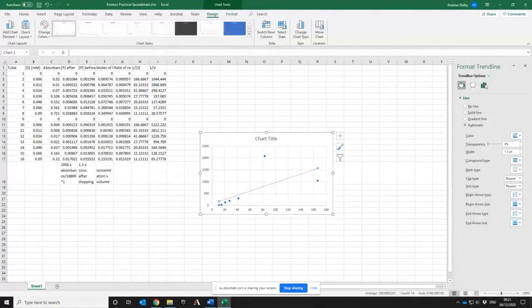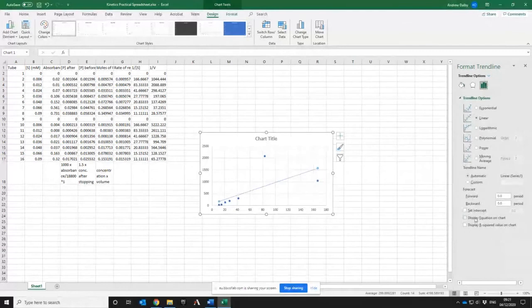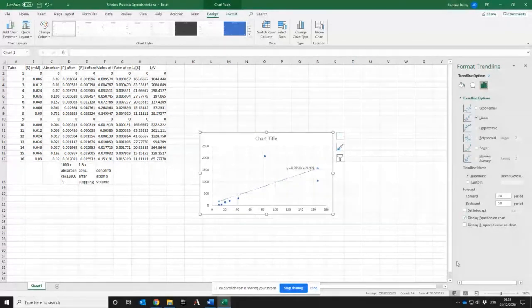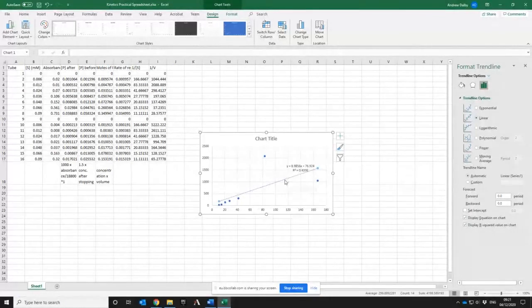I can then fiddle around with the trend line options so I can get it to display the equation on the chart, and I can get it to display the R squared. Remember, the R squared is a coefficient of determination.